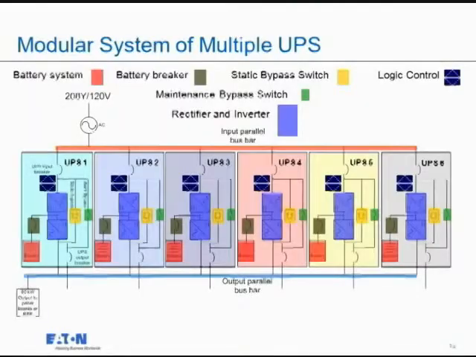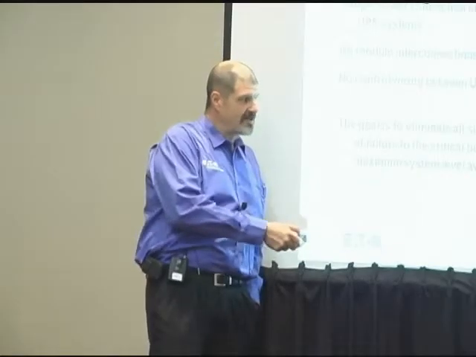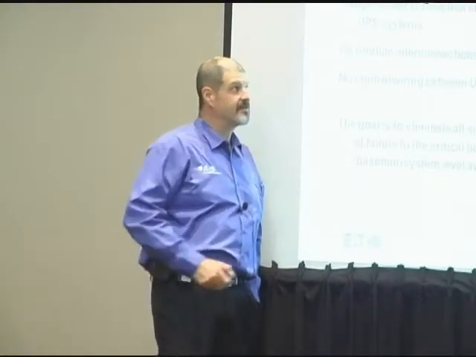This is really a modular power system made up of multiple UPSs. And in fact, if I'm ever building a system, what I really want to focus on is having an A side and a B side that are completely independent. My only tie point is really the output tie bus, is where I need to tie them together.